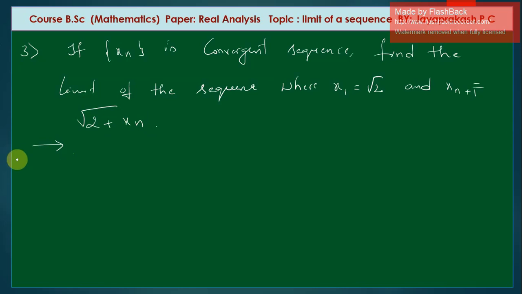See, already they have given that the sequence xn is a convergent sequence.